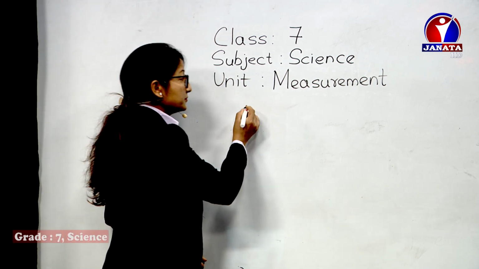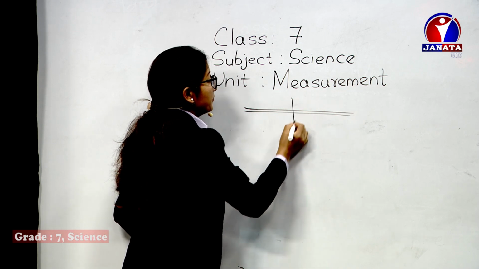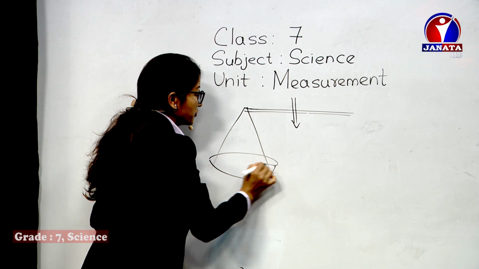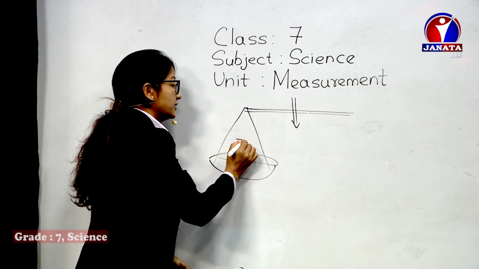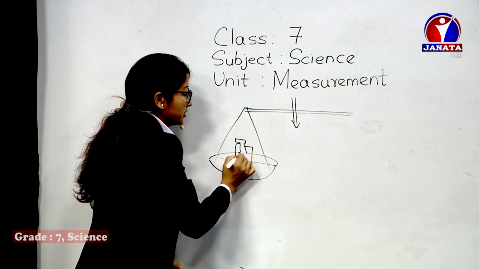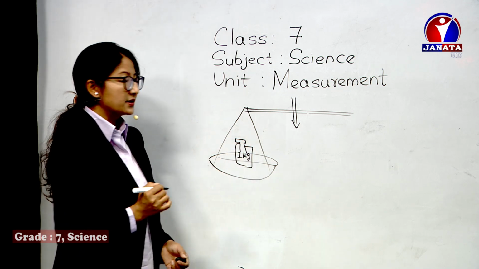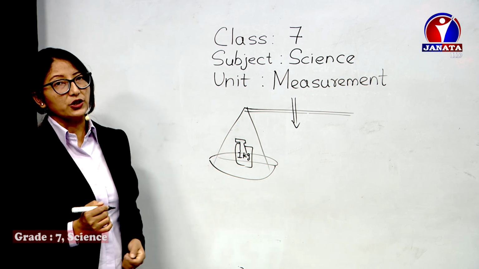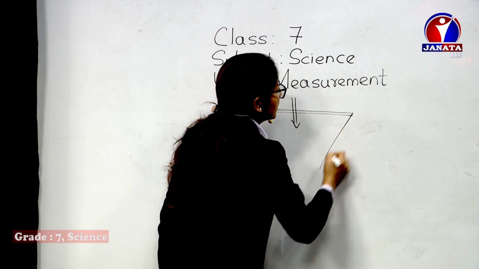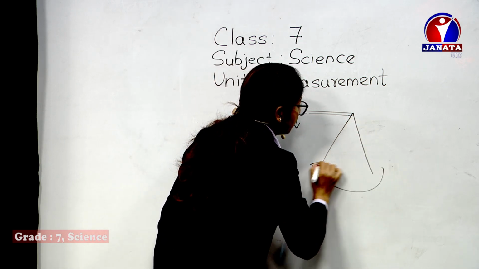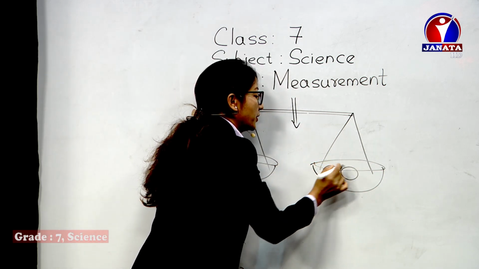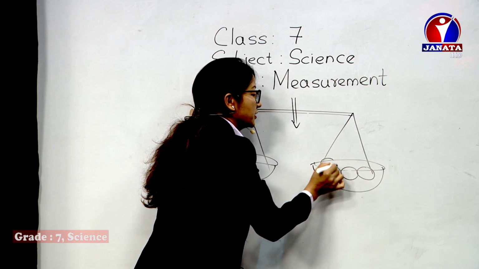He takes the standard mass, and suppose you wanted 1 kg, he will keep a standard mass of 1 kg in one side of the pan. And in another side, you wanted potato, so he will go on adding the potatoes here, one by one.